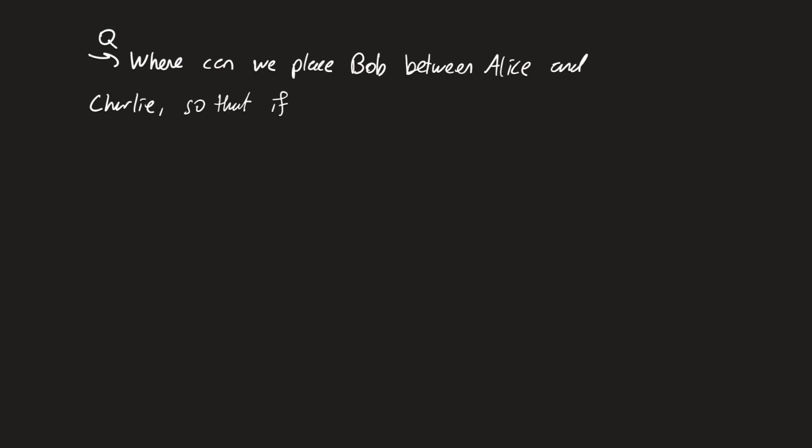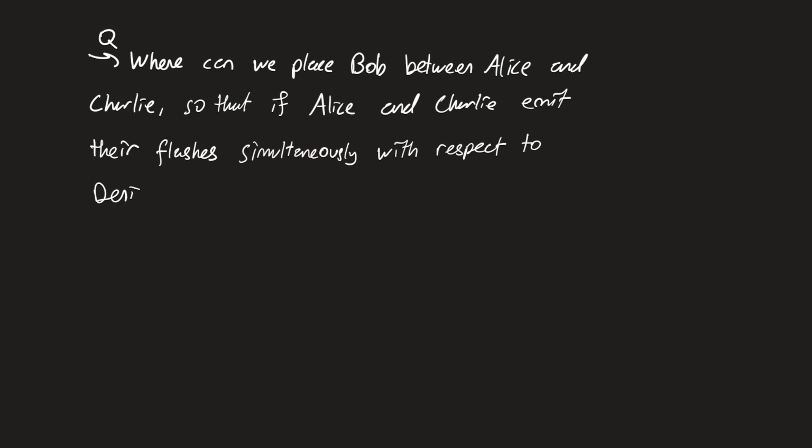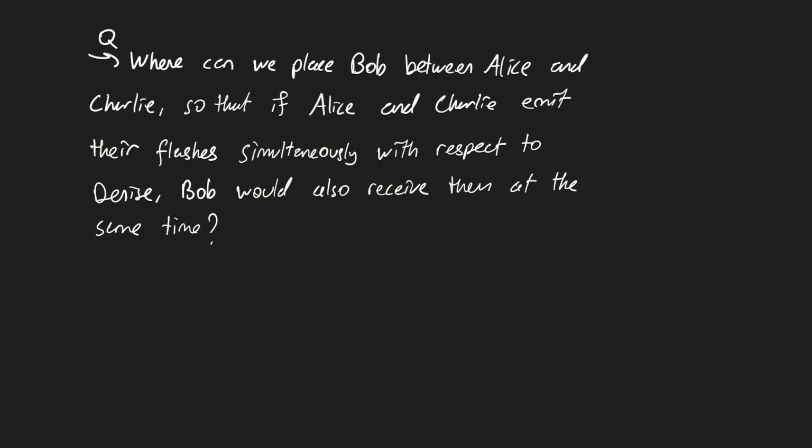Where can we place Bob between Alice and Charlie so that if Alice and Charlie emit their flashes simultaneously with respect to Denise this time, Bob would also receive them at the same time? So we're no longer going to put Bob in the middle of Alice and Charlie, but find another spot so that this is what happens. So let's redraw our shape to unpack exactly what this means.